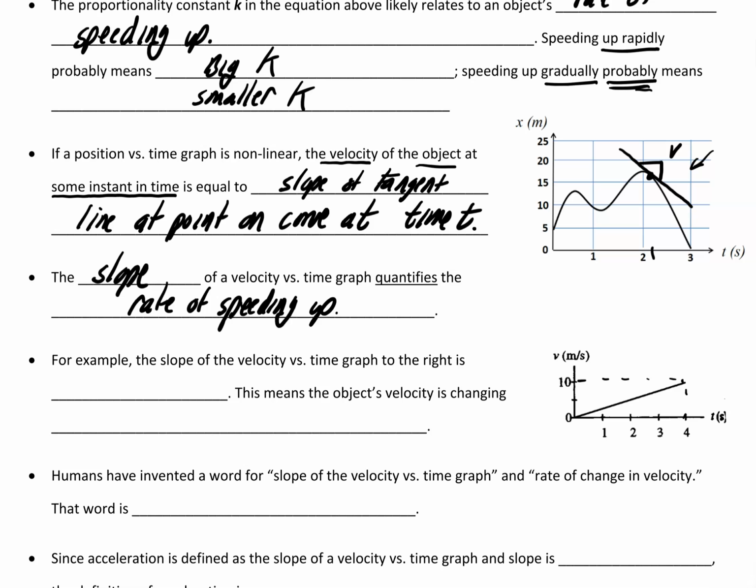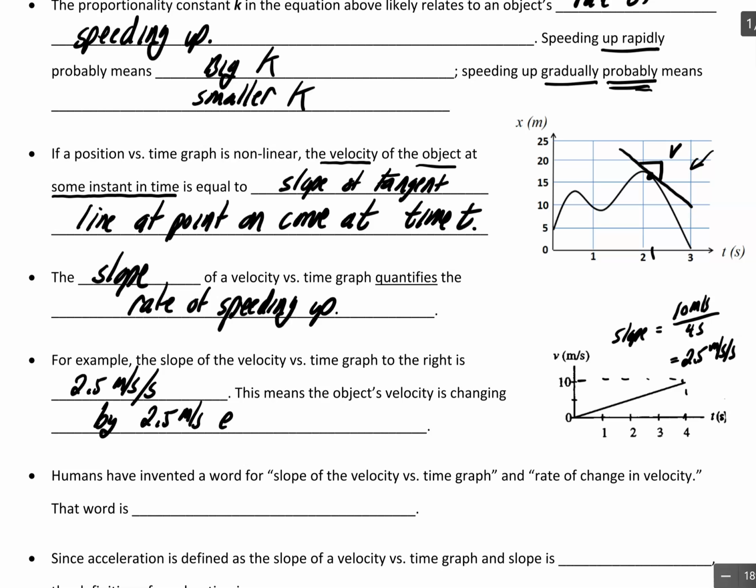So slope equals, I see a rise of 10 meters per second and a run of 4 seconds, so that's going to be 2.5 meters per second. I'm not worried about sig figs. This means the object's velocity is changing by 2.5 meters per second each second this plays out.